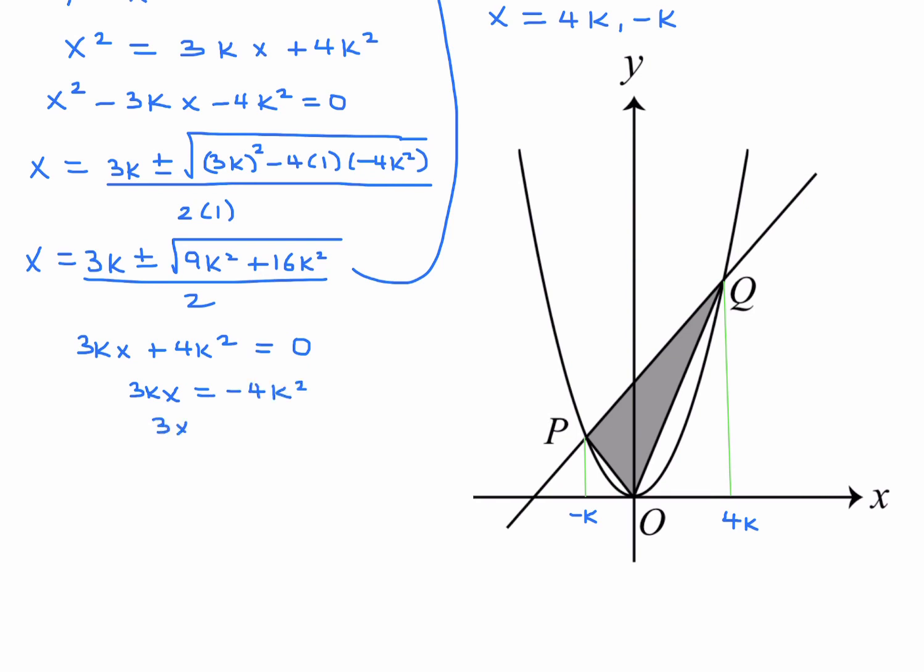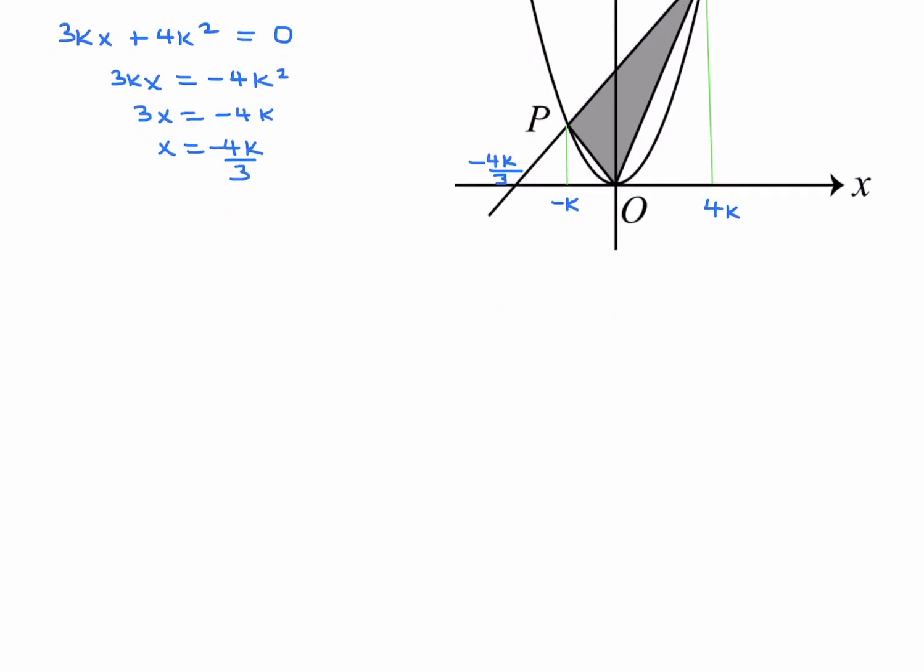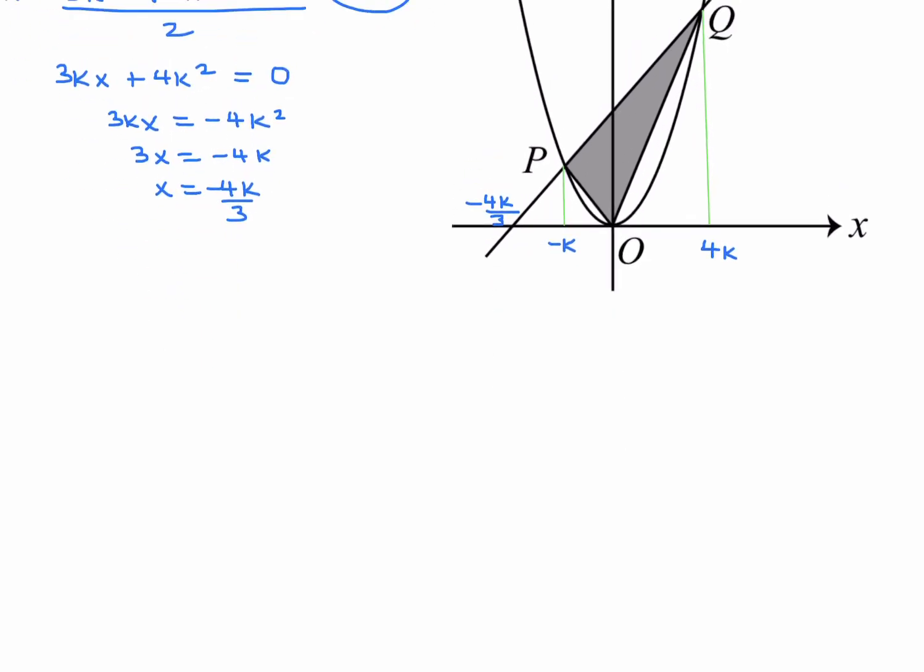One k cancels, so 3x is equal to minus 4k. Therefore, x is equal to minus 4k over 3. So this point right here is minus 4k over 3. Okay, I think I have everything I need to look at the area now.